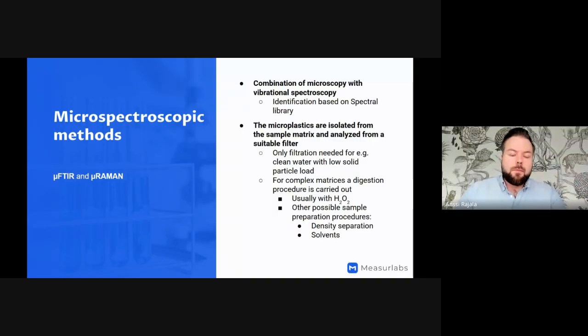Raman's main good point is that it can analyze a bit smaller particles than FTIR because it uses shorter wavelengths of light, which allows higher spatial resolution, while FTIR uses longer mid-infrared wavelengths, and its resolution is usually limited to 10 microns.